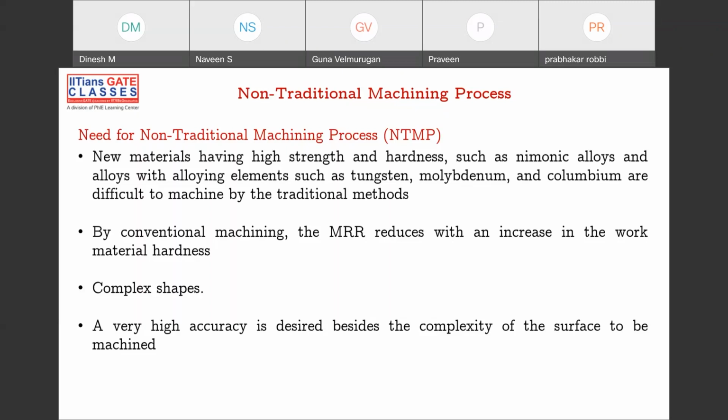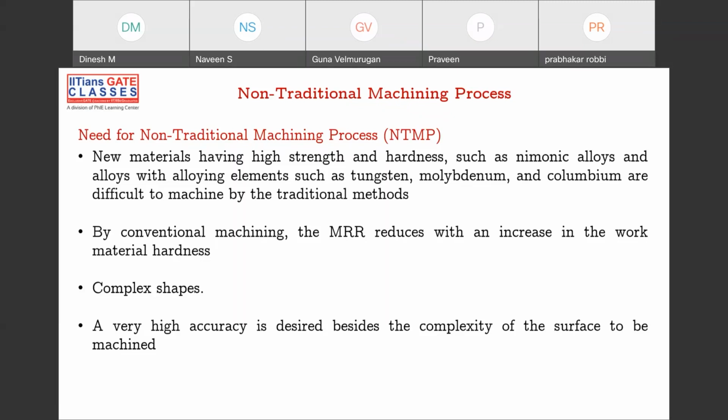But in the case of non-traditional machining process, it need not be true. It can have physical contact, or it cannot also. It's not necessary that it has to have physical contact. Even without physical contact, you will be able to use this machining process to remove material from the workpiece.